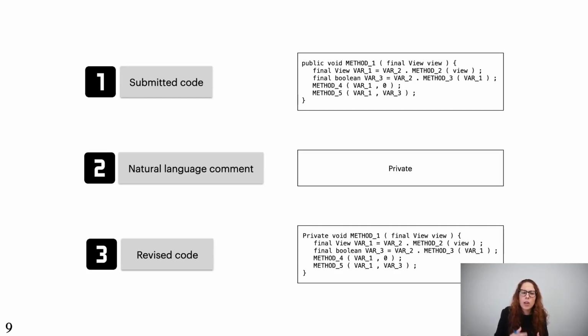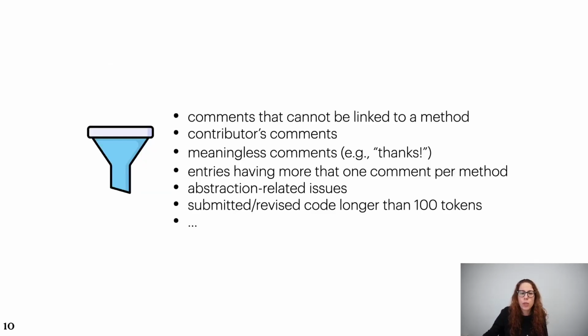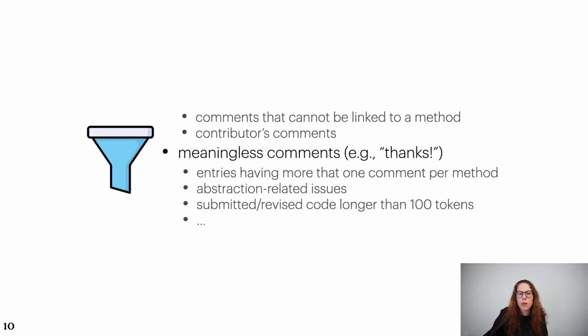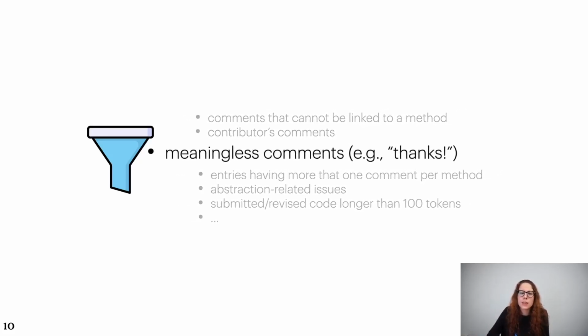Now, to get only triplets made in this way, we had to apply many filters to the initial dataset. I don't have time to explain all of them, but you can find all the description in the paper. Now, to give you one concrete example, we built a heuristic to automatically exclude meaningless comments, such as the useless one that I showed you before in the example.